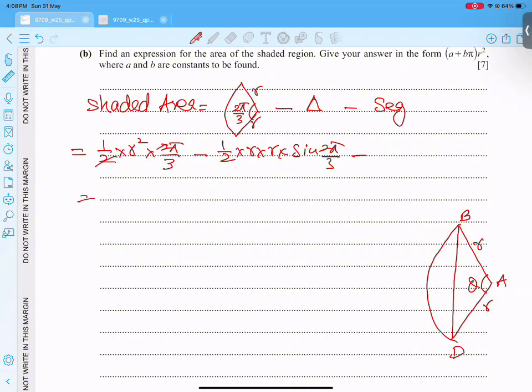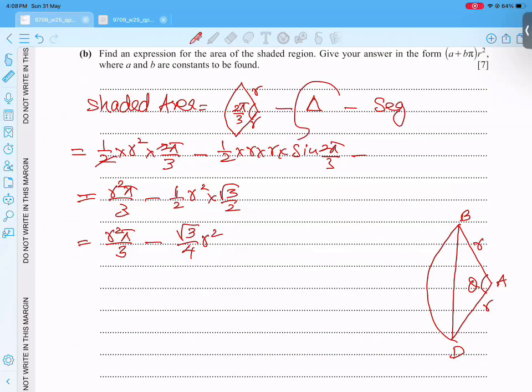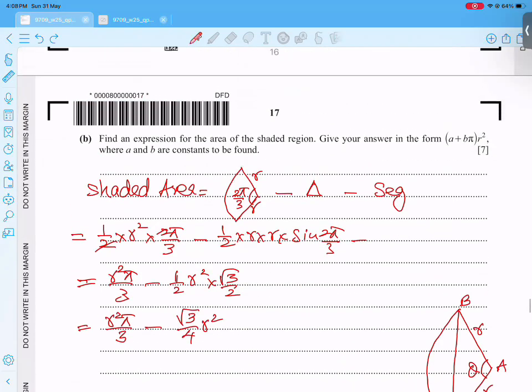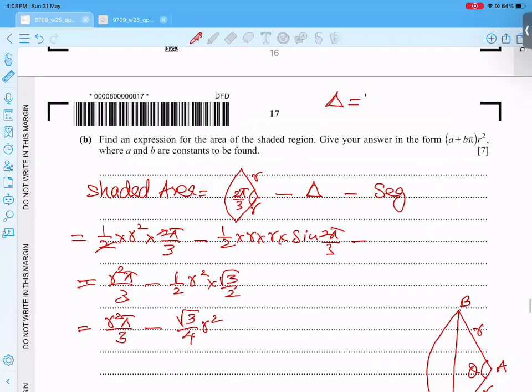I'm getting here r squared pi over 3. And here I'm getting half r squared into root 3 over 2, so root 3 over 4 r squared. Make sure the triangle area is this, so don't forget it. I repeat my words: triangle area is basically root 3 over 4 r squared.